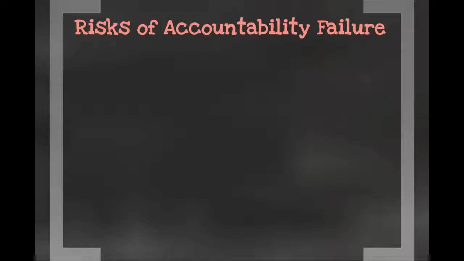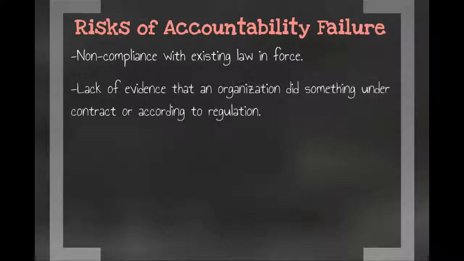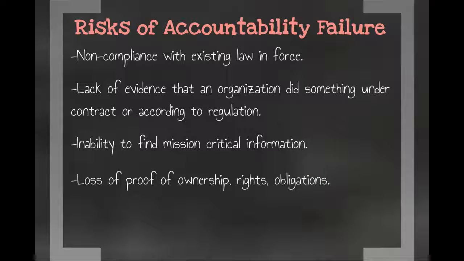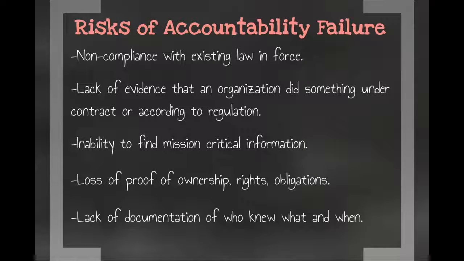Lastly, failure to have accountable record keeping will cause non-compliance with existing law in force, lack of evidence that an organization did something under contract or according to regulation, inability to find mission critical information, loss of proof of ownership, rights, and obligations, and lack of documentation of who knew what and when.